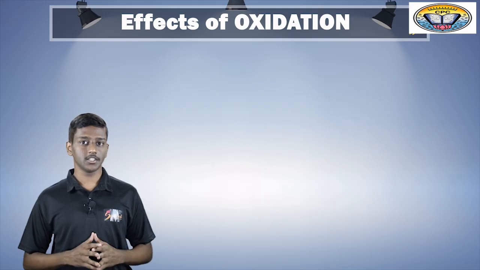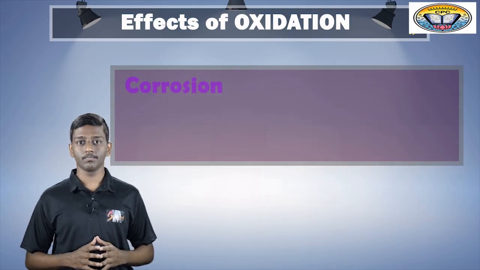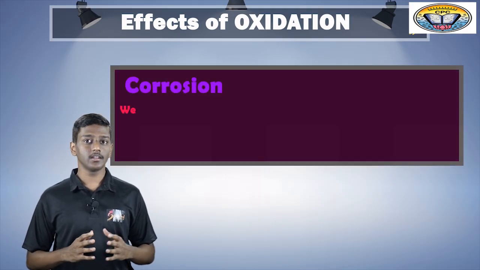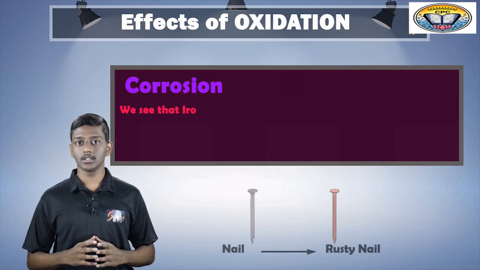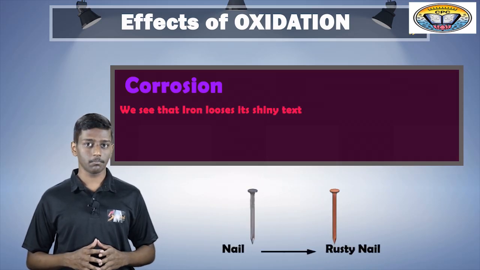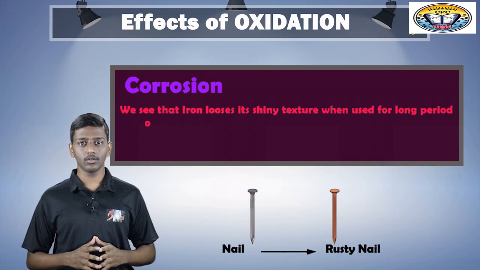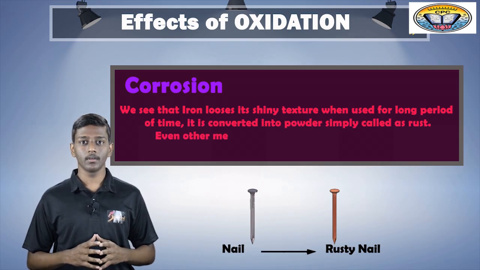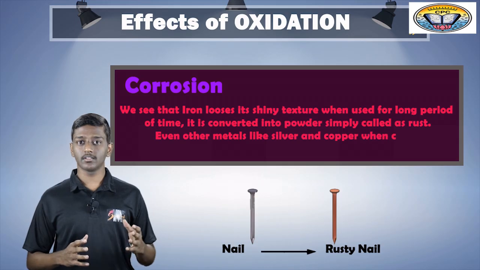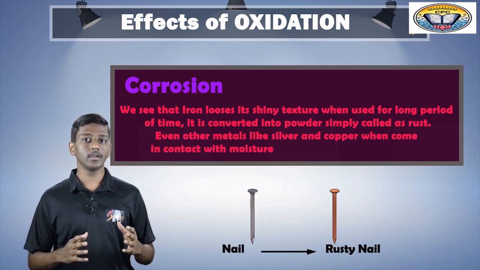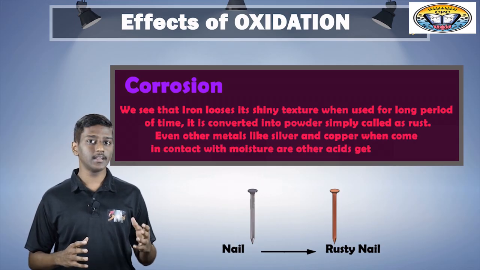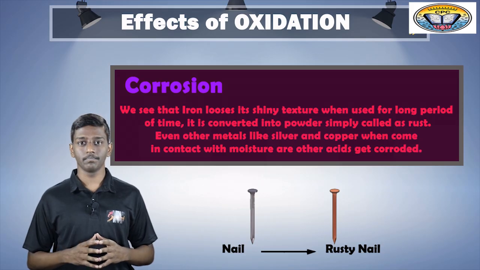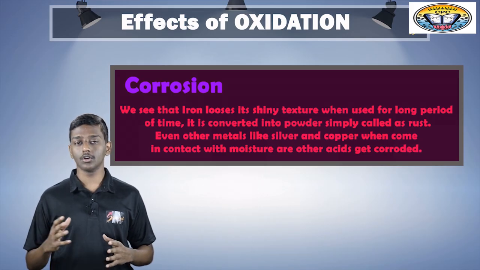Effects of oxidation. Corrosion. We see that iron loses its shiny texture when used for a long period of time. It is converted into brown powder, simply called rust. Even other metals like silver and copper, when they come in contact with moisture or other acids, get corroded, and this process is called corrosion.